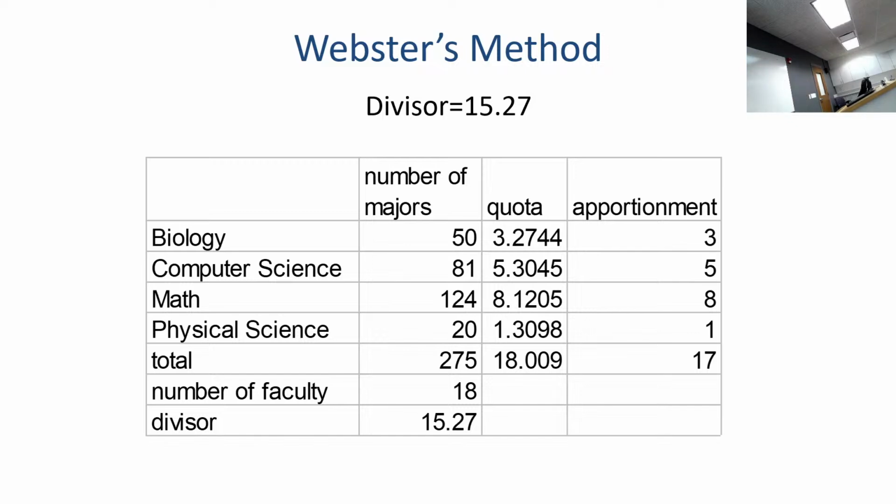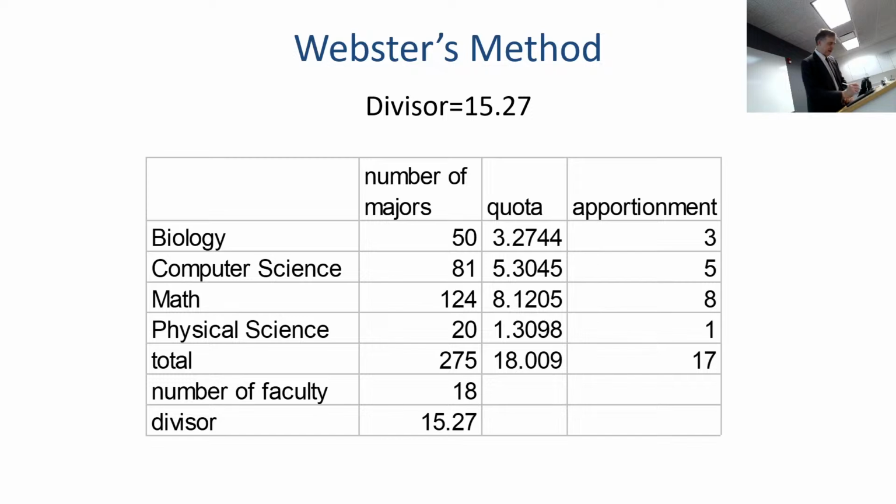So here again, the important stuff, and maybe I'll put this up on my iPad. The important stuff are the 4 states, or it's not states, it's departments. So we're apportioning faculty members amongst 4 departments. So I'm going to put those 4 departments up here on my iPad.